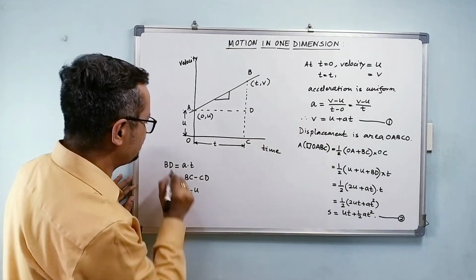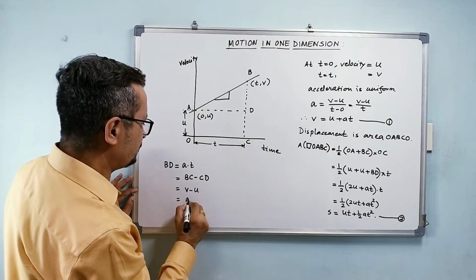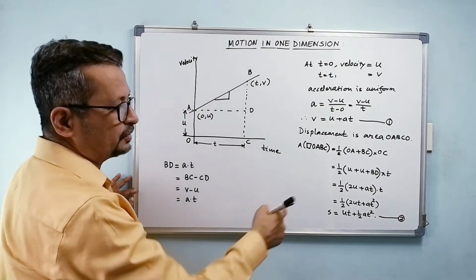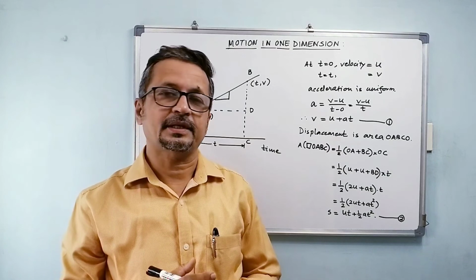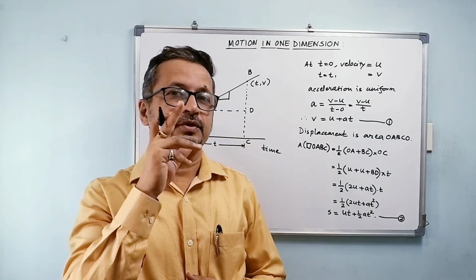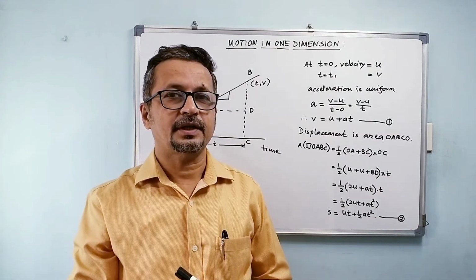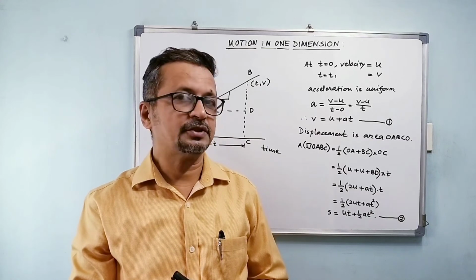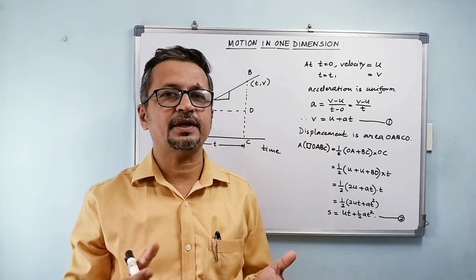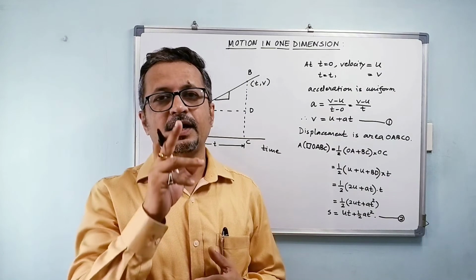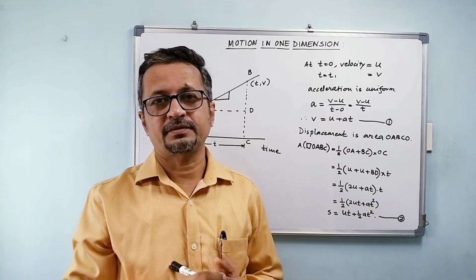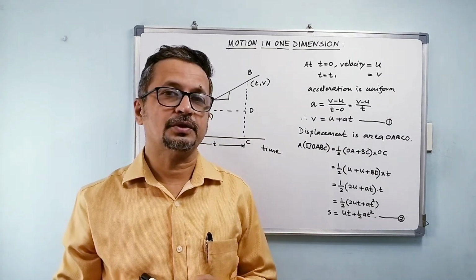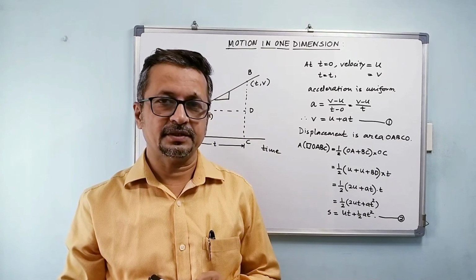So that is the reason why my BD is equal to at. That is how we get the second kinematic equation. Now for the third kinematic equation, v square is equal to u square plus 2as, or v square minus u square is equal to 2as, I leave that for you to derive. In the next video we are going to talk about motion under gravity. Thank you so much.